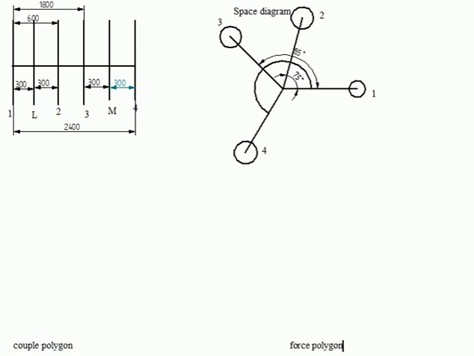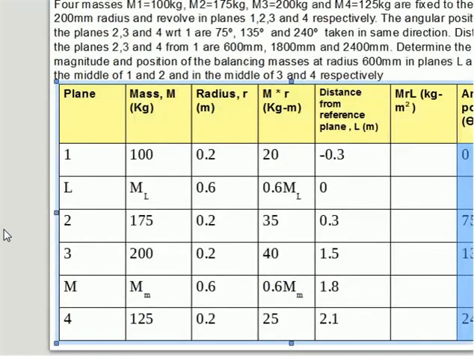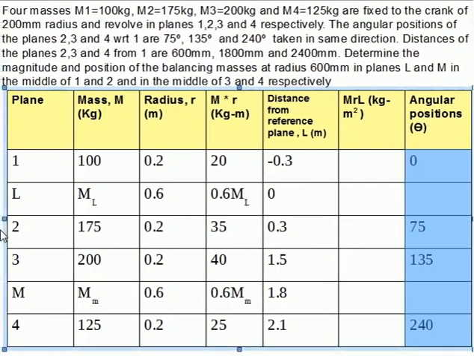In a few problems you have to start with the couple polygon, and in a few problems you have to start with the force polygon. So how to identify whether to start with the couple polygon or the force polygon? For constructing the couple polygon I need these values, and for constructing the force polygon I need these values.